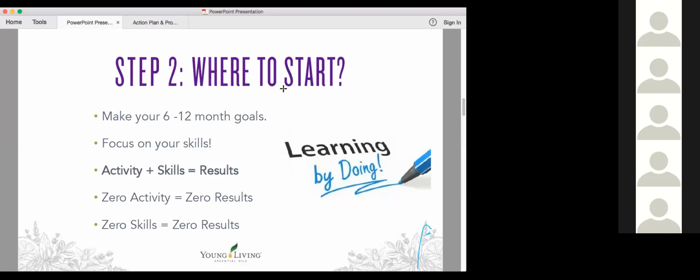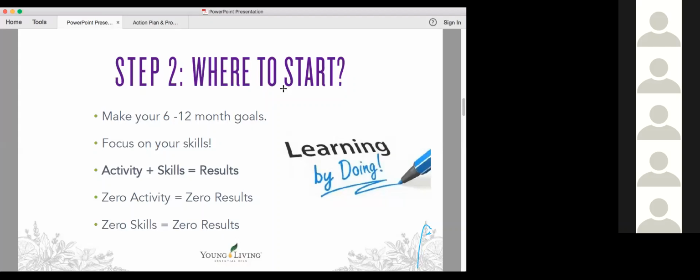So yes, what you want to do is plan your activity. For the next 6 to 12 months, you're going to decide what you're going to do in terms of activity. So are you going to do classes? Are you going to do one-on-ones? Are you going to do a combination of those things? Are you going to do small groups, like having 2-3 people around and talking in that way?